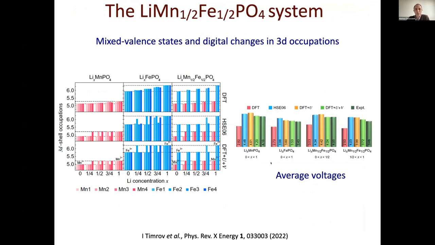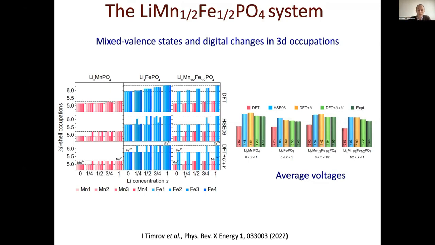This is a more difficult case we studied more recently in this paper that just came out, and shows, as Nicola was also mentioning yesterday, this digital shift in the valence states of iron and manganese. Here the difficulty is not only that the transition metal has to switch state between 2+ and 3+ in a digital manner as a function of lithium concentration, but also you need to get manganese to switch before iron, because it has a higher potential.